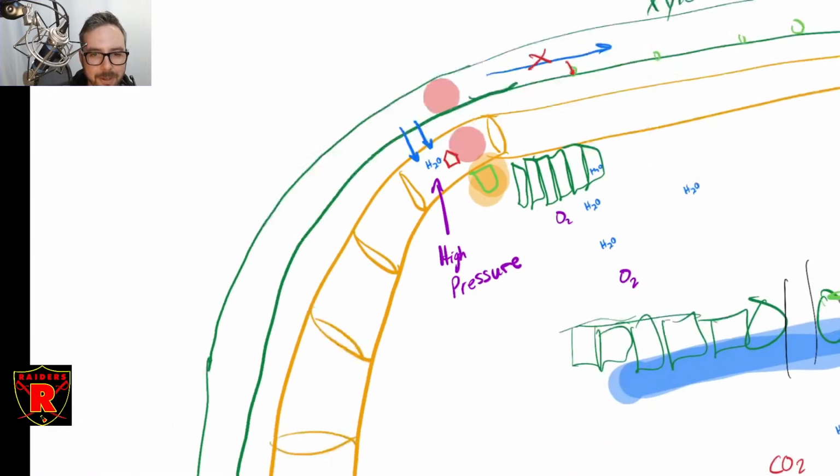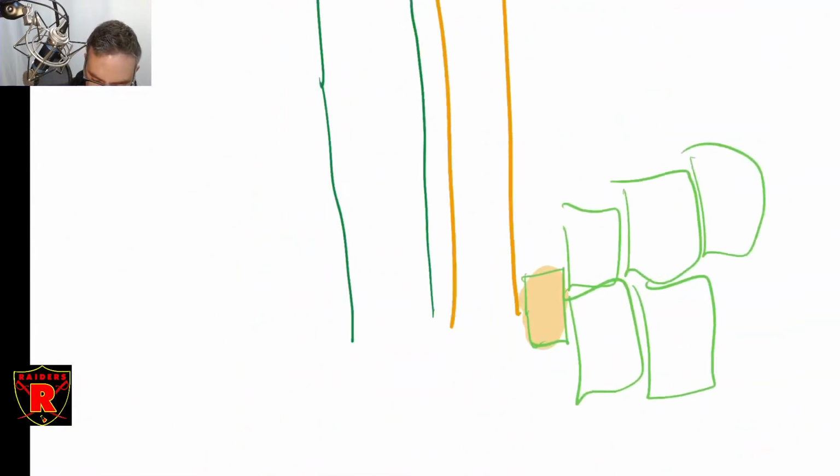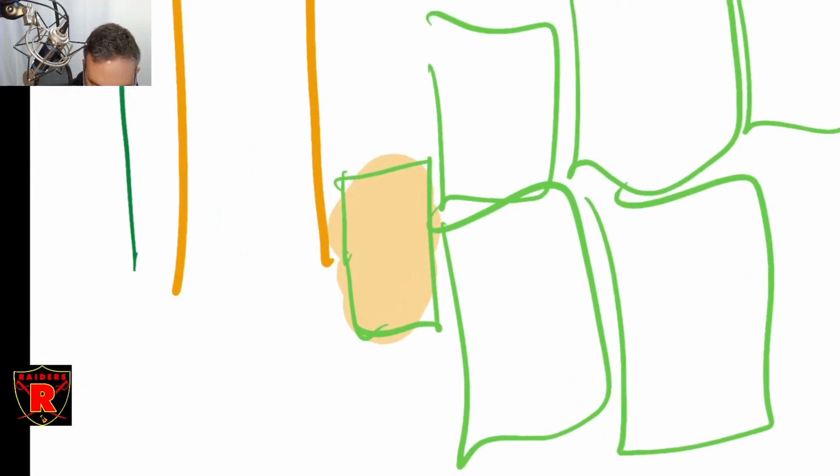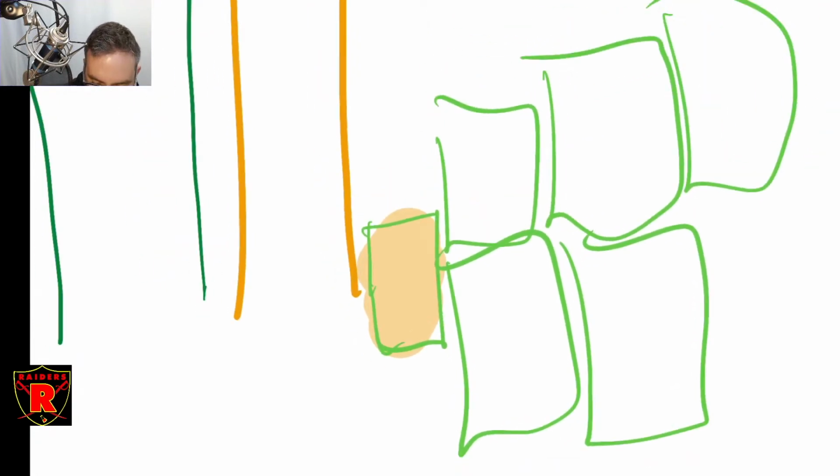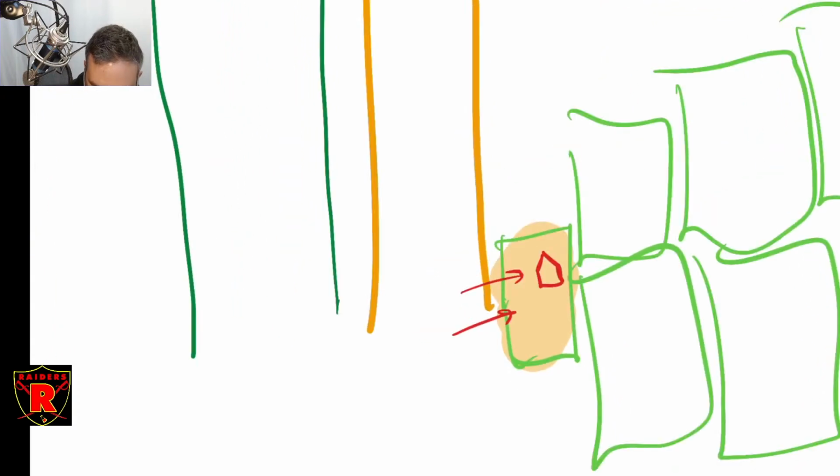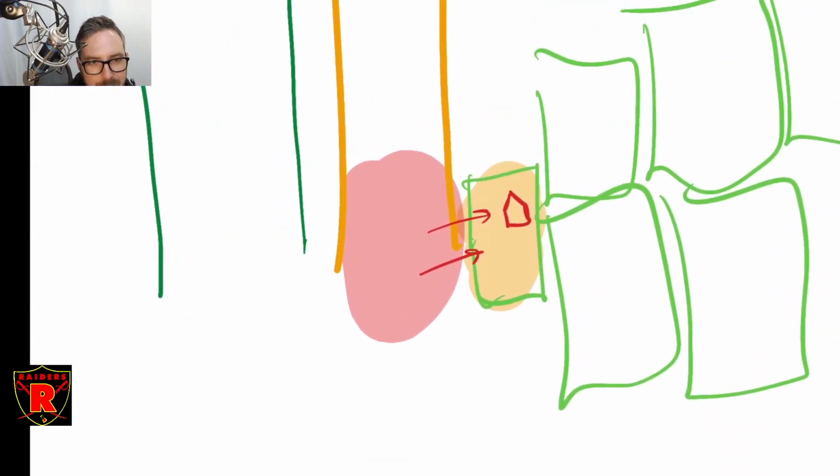At the bottom, way down here, because this cell at the bottom is removing sugars, remember it's pulling the sugars out, the sugars down at the bottom here are getting pulled out of this, which means that there's going to be a very low concentration of sugar here. This is low sugar concentration.